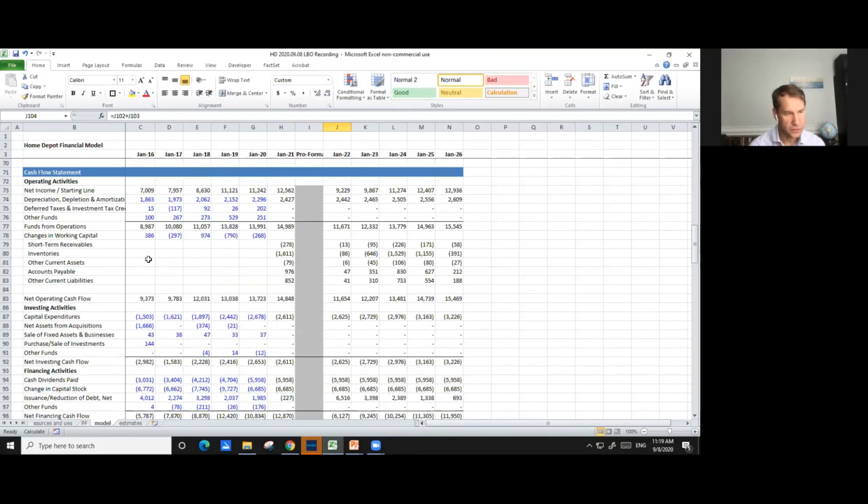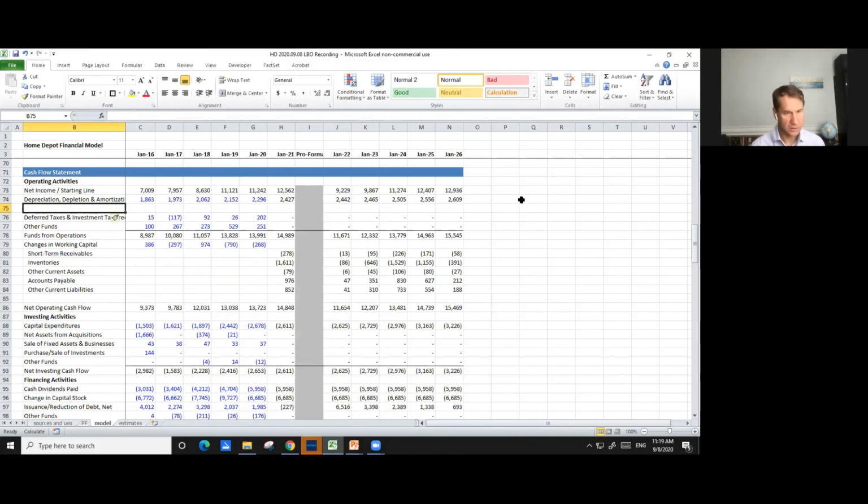I need to add PIK interest. So where I have non-cash items, I'll have PIK interest expense.